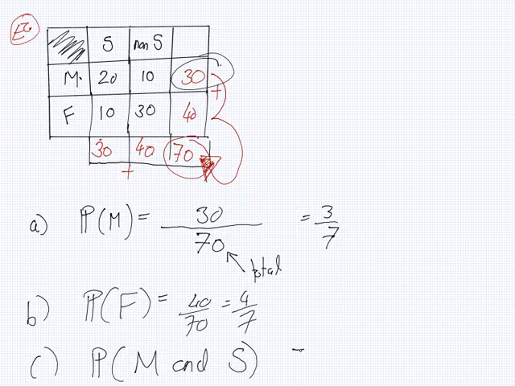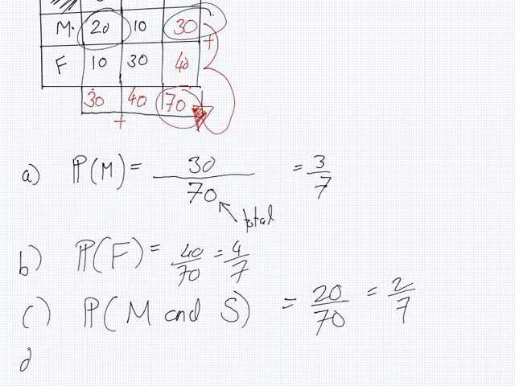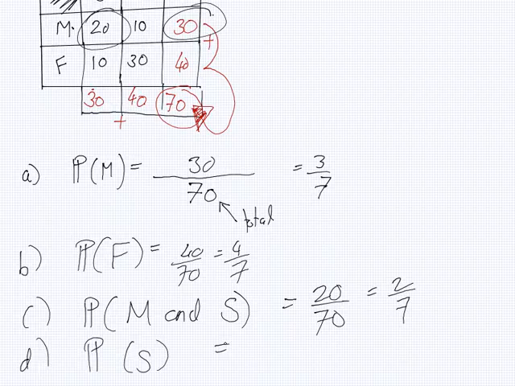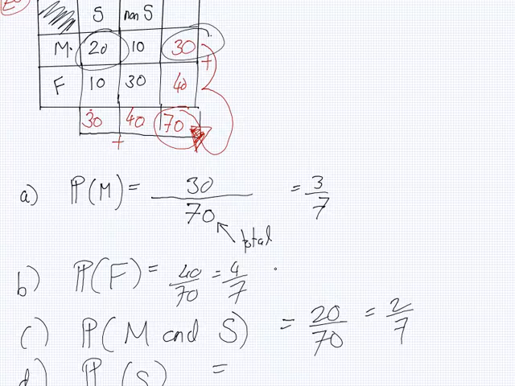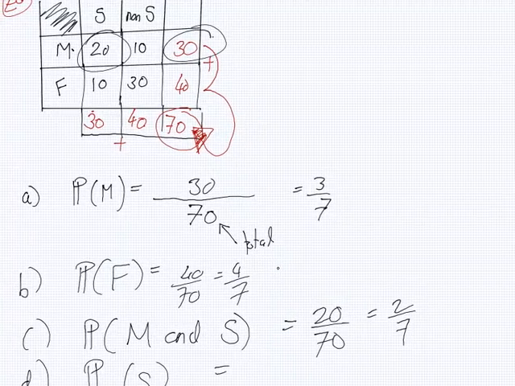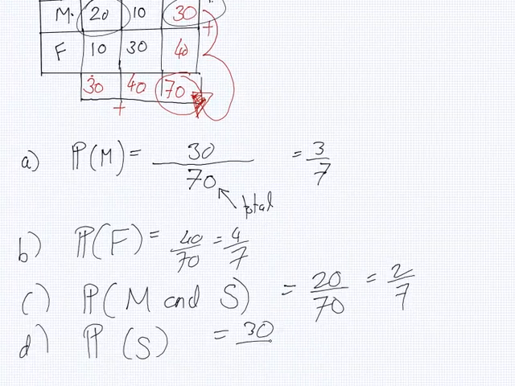What would that be? 20 over 70 still. 2/7. What about if I said probability of smoker? What would that be? 30 over 70. 3/7.